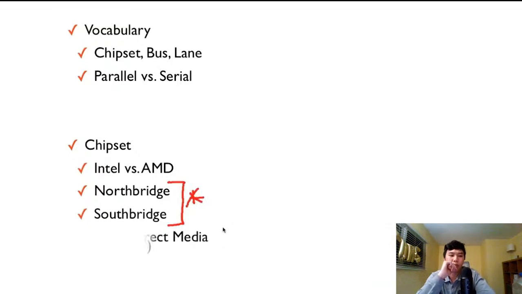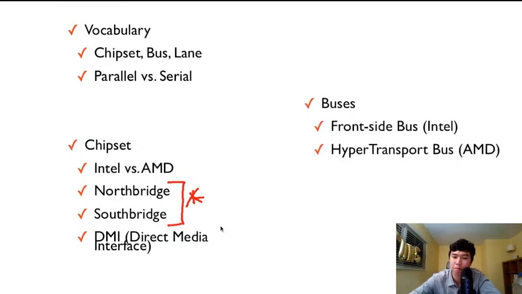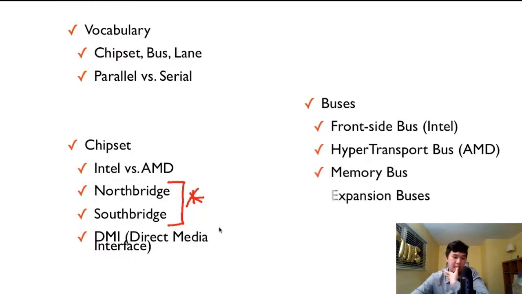We're also going to talk about the DMI, Direct Media Interface, which is what connects the North Bridge and the South Bridge together. Then we'll talk about buses, the front side bus or the hypertransport bus, which are just the same exact thing, the memory bus, and finally the expansion bus, which is where we'll leave off.